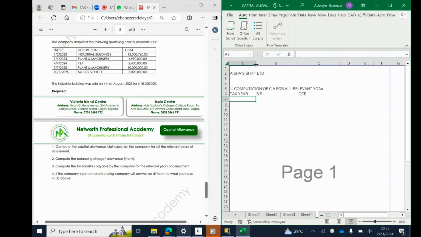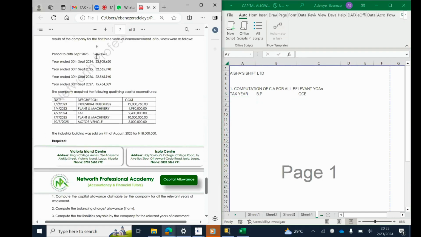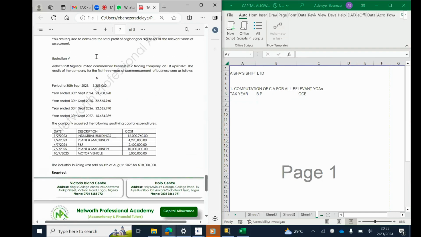For the first one, let me look. They give us the date that they commenced business. They said they commenced business on 1st April 2023, right? And when is their year end? They give us their year end as 30th of September. You can see period to year ended.